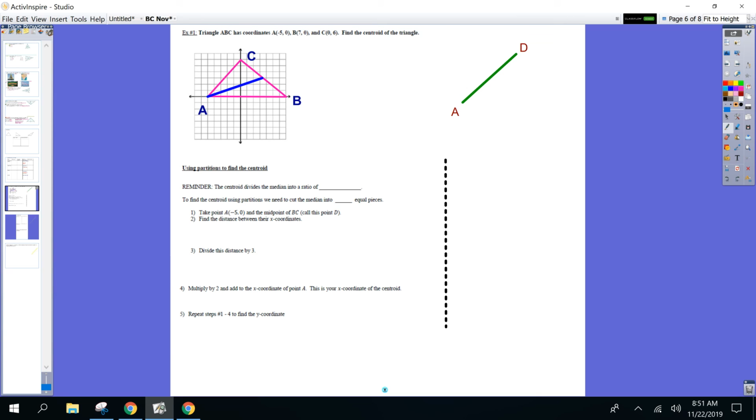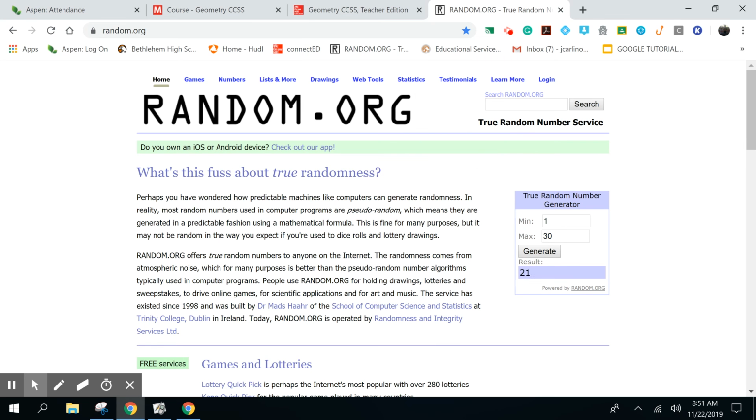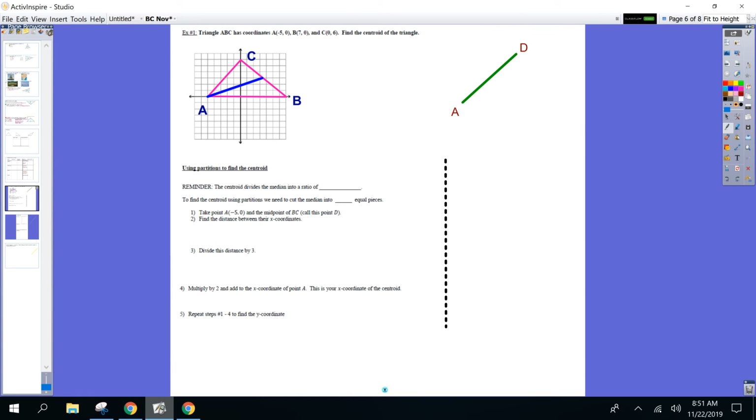Okay, what did you find for point BC? What was the midpoint of B and C? 3.53. I'd like you to, as best as you can, graph that point, 3.53, and call it point D for me. And draw in line segment AD after you do that. Please draw in line segment AD.